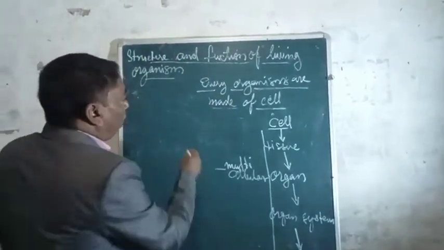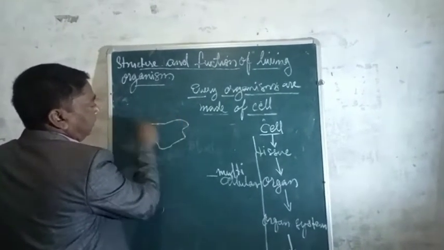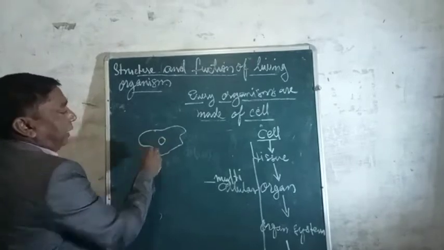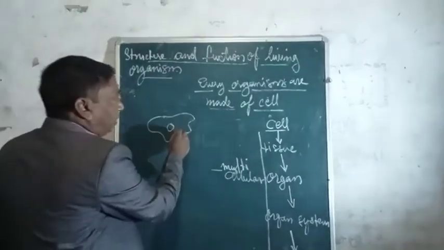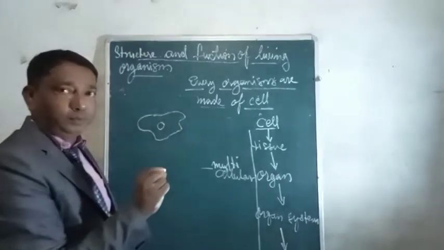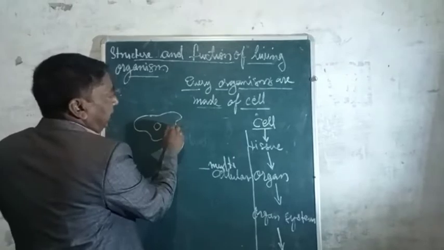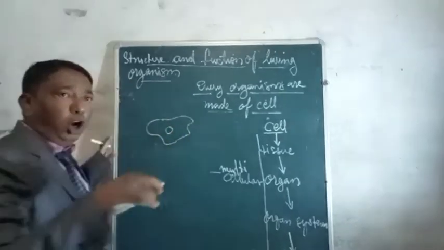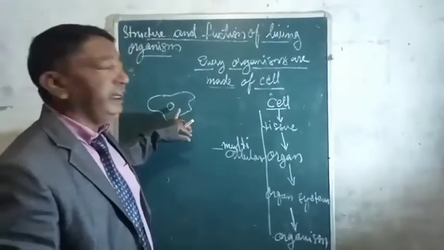Now, if an organism is made up of only one cell, suppose it is amoeba. Amoeba has only one cell. So this animal has to do all its life processes with the help of only one cell.